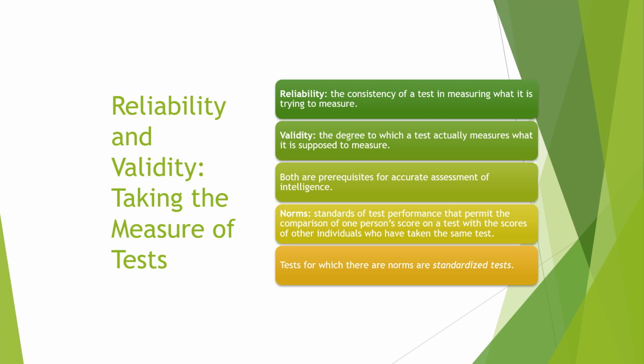If you give the test multiple times, you should get similar answers every time you give it. If so, then the test is reliable. If you don't, then it is not reliable. If you get different answers every time, then it's not reliable.